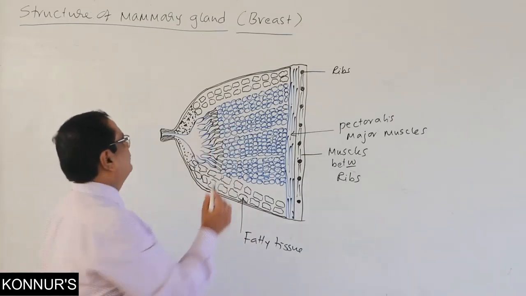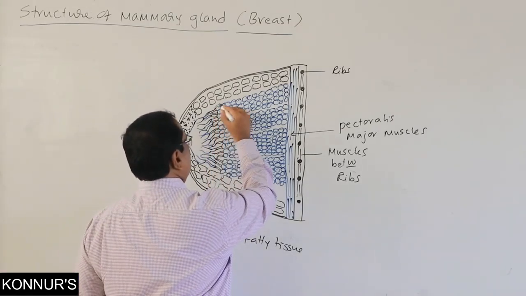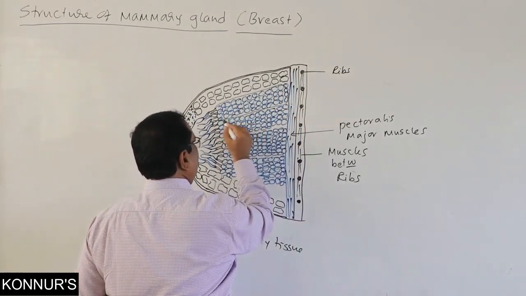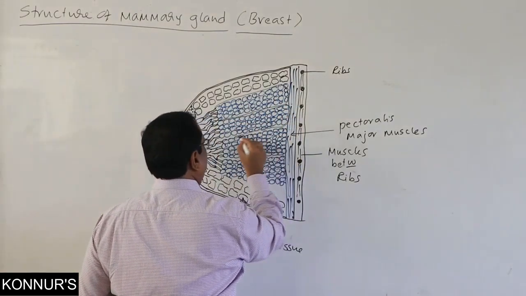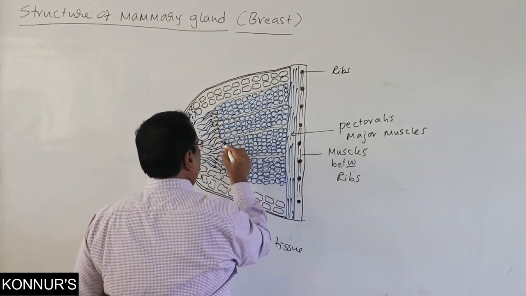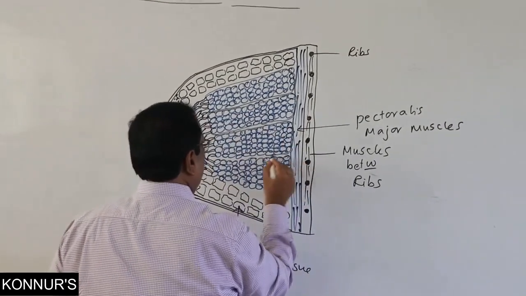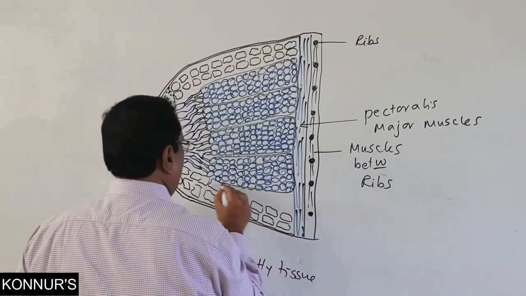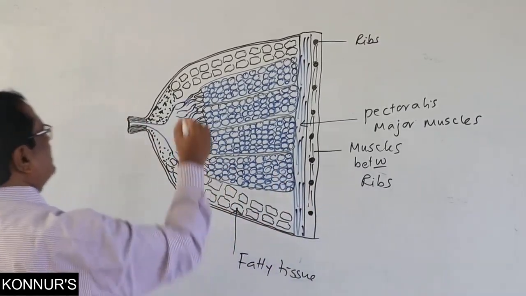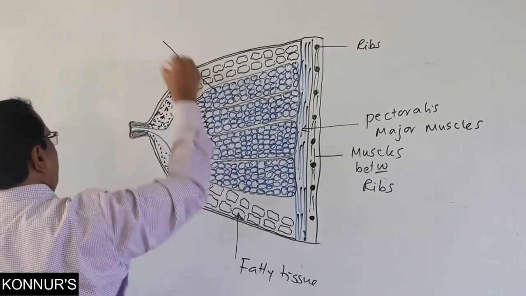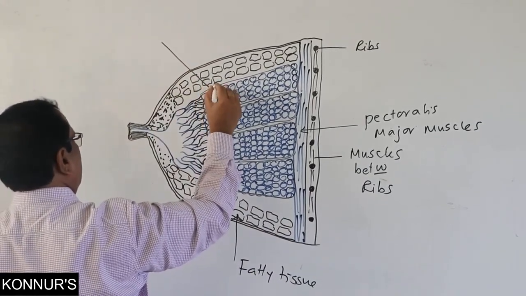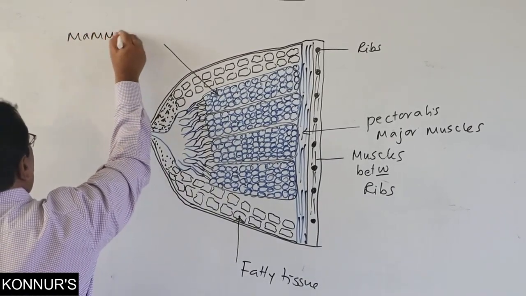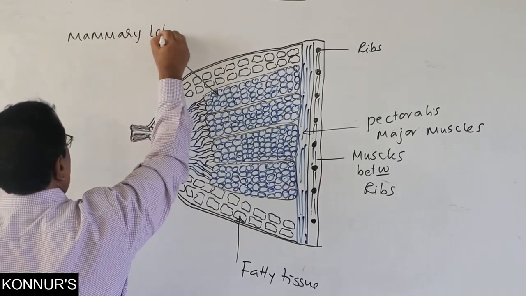Internally, there are 15 to 20 compartments, and these compartments are named as mammary lobes.